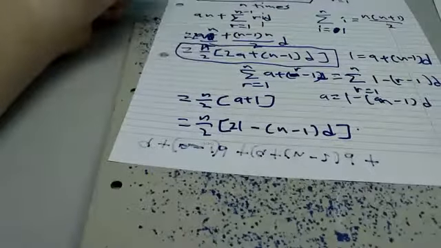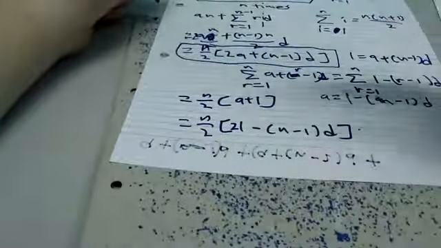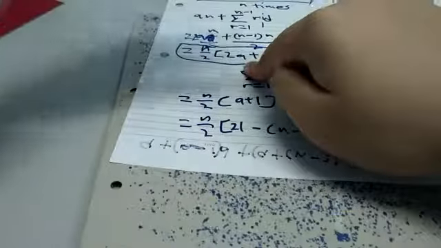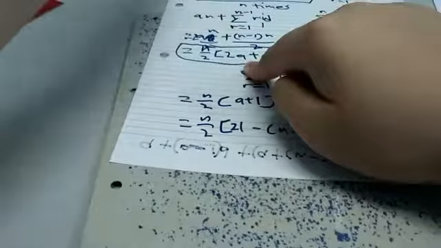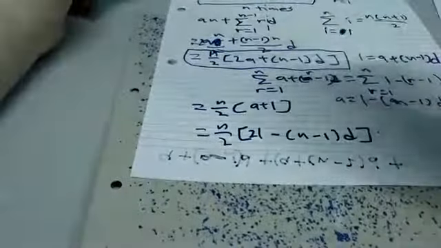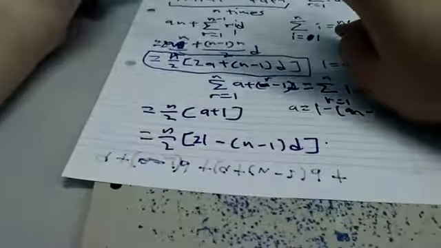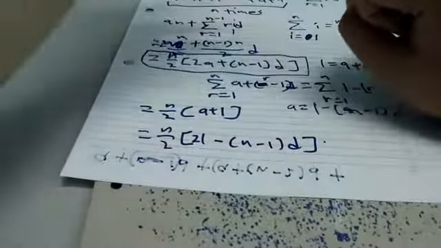L plus a is the same as a plus l, which means this is neutral. This term is in terms of the first term, this is in terms of the last term, and this is neutral. So we have not 2 but 3 equations, which is pretty amazing.